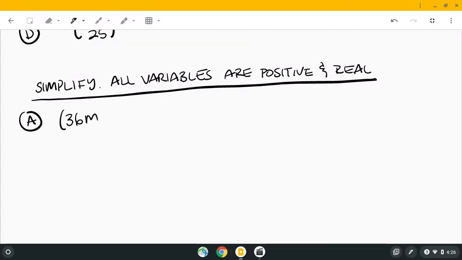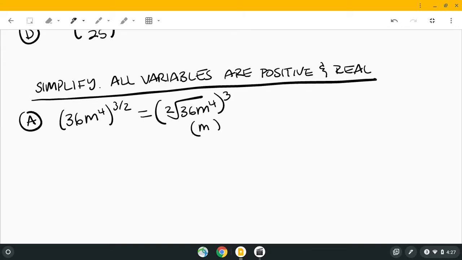36 m to the fourth raised to the 3 halves. Okay, so again, this means you're doing the square root of this 36m^4. Okay, so I'm just going to go straight to the square root of 36m^4, and that cubed is going to be out there, right? Okay, so here, the square root of 36 is 6, and then here, the square root of m to the fourth.